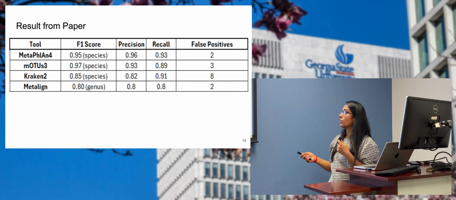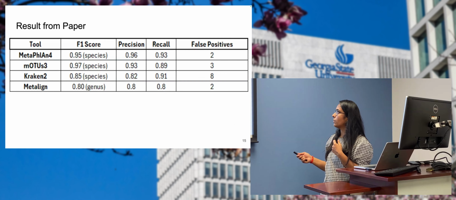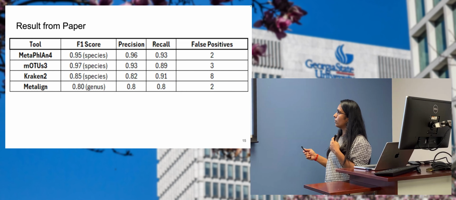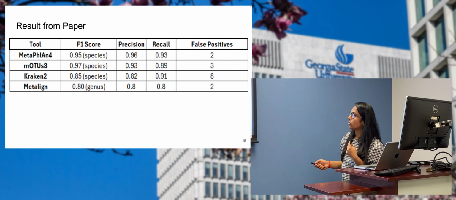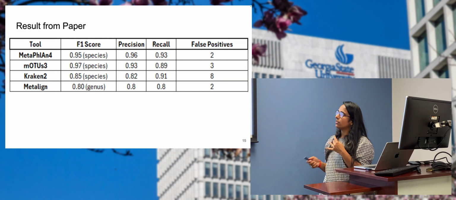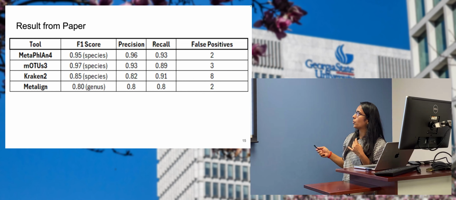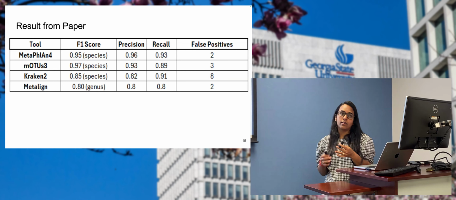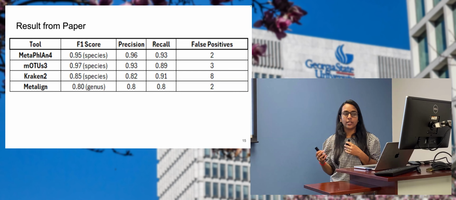So here is the result from the paper: F1, precision and recall, and they give the false positive number as well. We will see how many false positives are present. According to that, Kraken performed very badly, but it's very fast for large data sets.